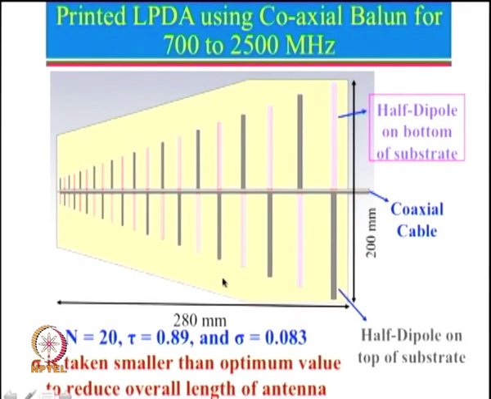I just want to mention here, in this particular design we have actually designed the antenna from 700 to 2500 megahertz. Just to tell you the reason why we chose this, basically we had the requirement that we wanted to measure the cell phone tower radiation, and all these bands start from, let us say, 800 megahertz.